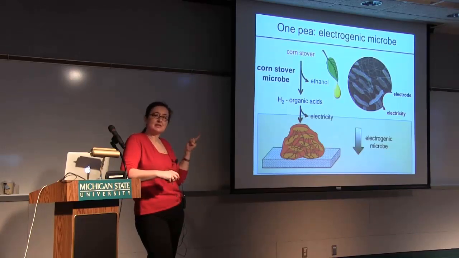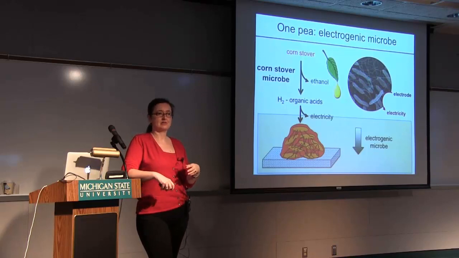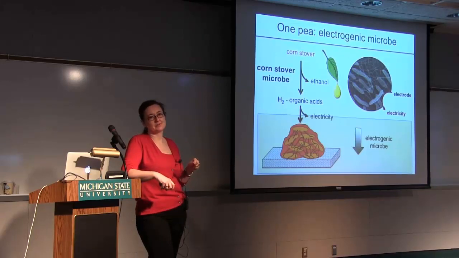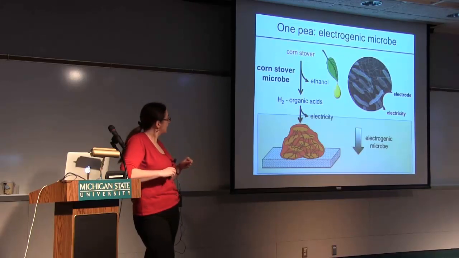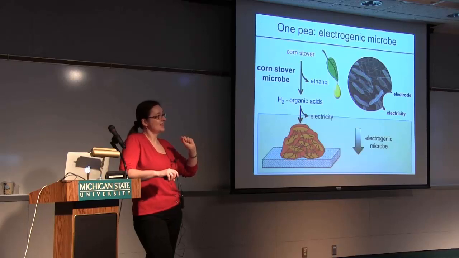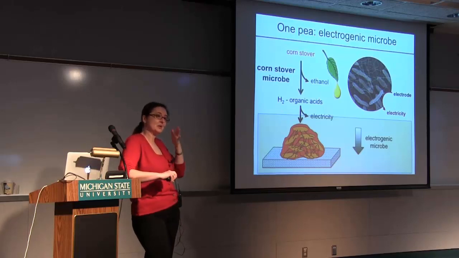But what we did is use this corn stover to actually screen all our culture collection and see if we could find the microbe that was able to digest this corn stover so efficiently and ferment all the sugars and produce exactly what we want to feed our electrogen. And we found several. One of them in particular was the most suitable. I'm going to refer to it as the corn stover microbe here.